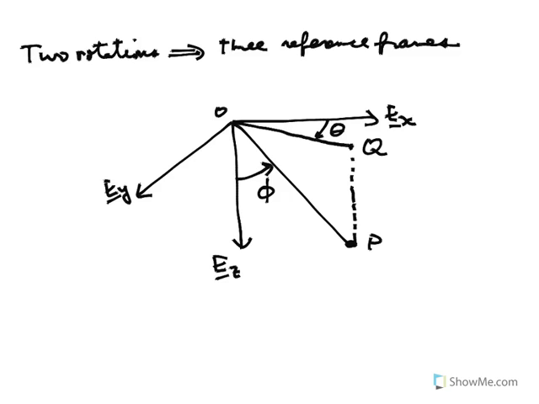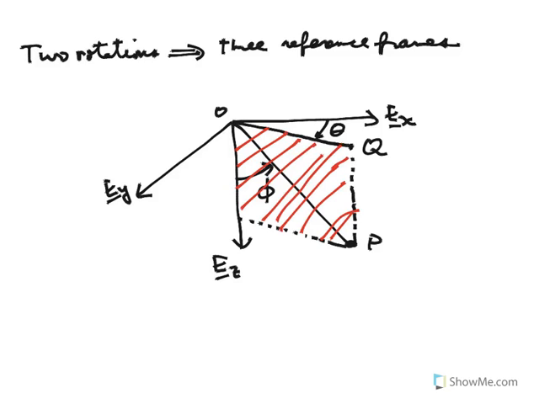So I'm going to call that the EZ OQ plane. And I'm going to shade it in red so you can see it. It's almost like a door that is opening up. That's kind of a good way to look at it. So there's the first rotation. So this is the EZ OQ plane, and it's equal to the first rotation.